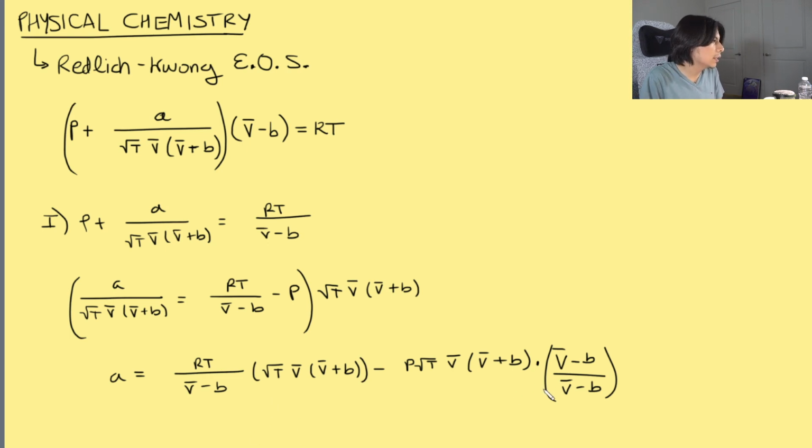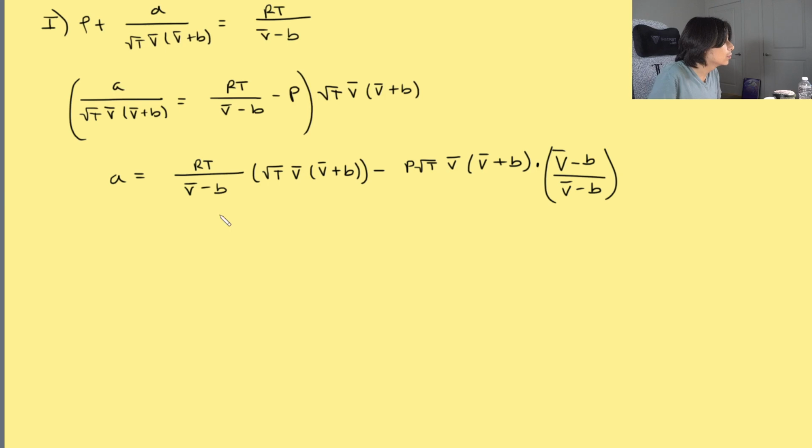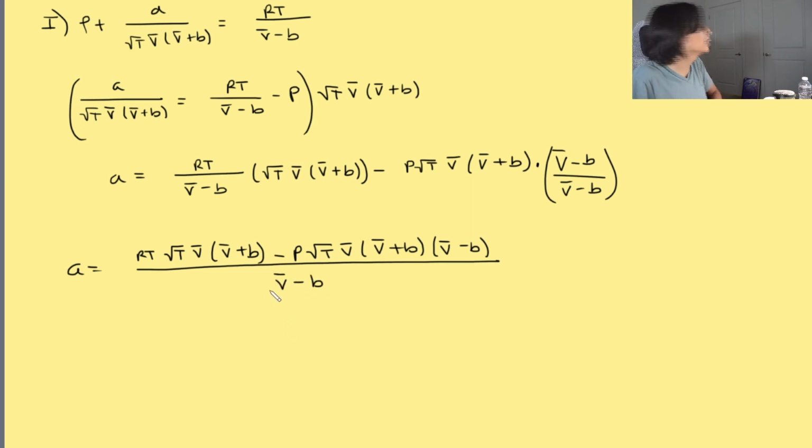And so then, I'm going to scroll down because of space. This would reduce to A equals RT square root of T V bar times V bar plus B minus P square root of T V bar times V bar plus B times V bar minus B, all over V bar minus B. And from here on, we can further simplify this.